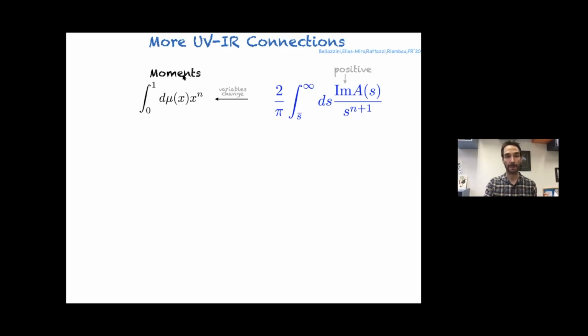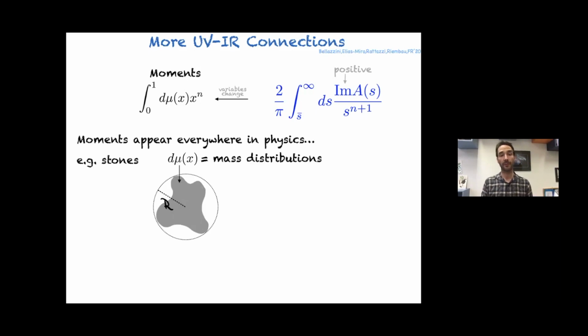And in fact, it's very intuitive to see what this object actually does. If you think of a simple example, like a planet, whatever, a neutron star, a stone, an asteroid, whatever object, and we consider mu to be the mass distribution. This is a positive distribution, right? Because it's just the mass distribution. Then let's see what these moments are.